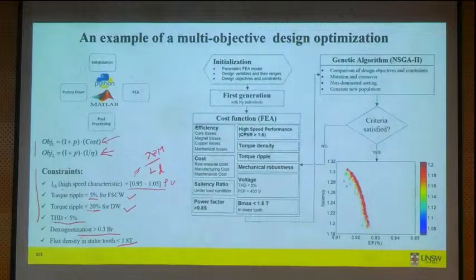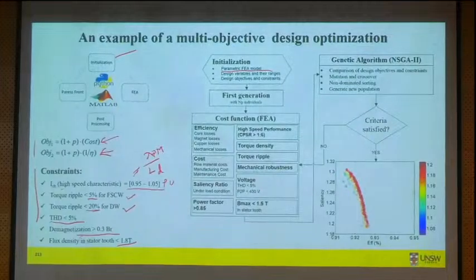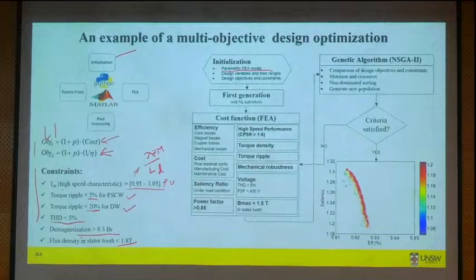So first step is initialization. So initialization is you have your base design, so you parameterize that model, FE model, FE geometry, and then set your design variables, like from those dimensional parameters. And then also you define your objective and constraints, which are shown here for this particular example.